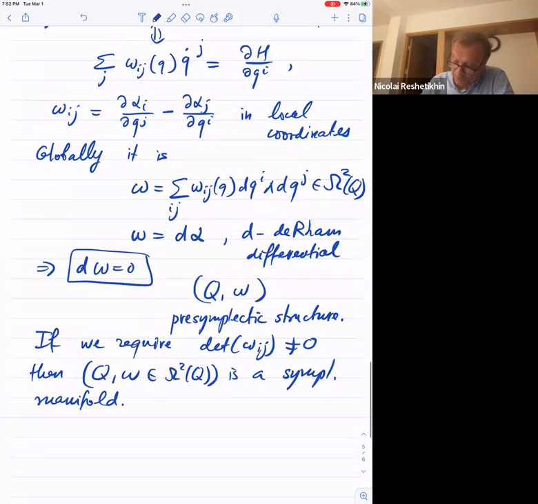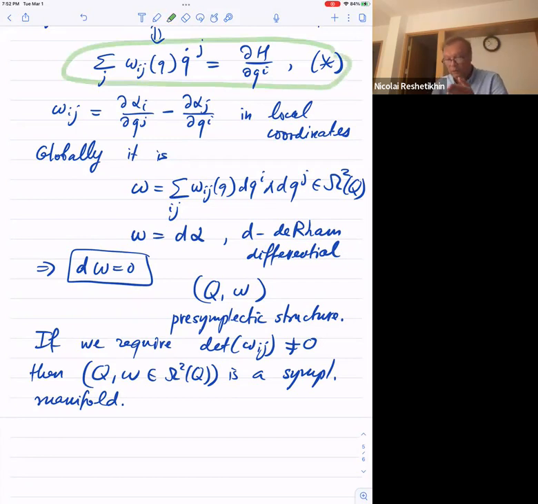And what is this equation? This differential equation is the equation for the flow lines of the Hamiltonian vector field generated by H. So we arrived at the Hamiltonian.